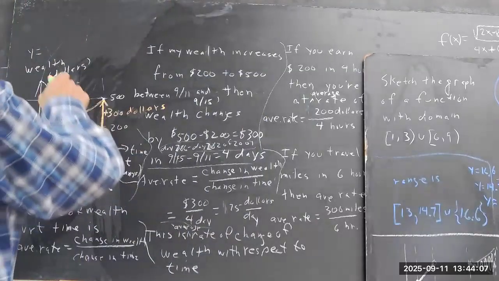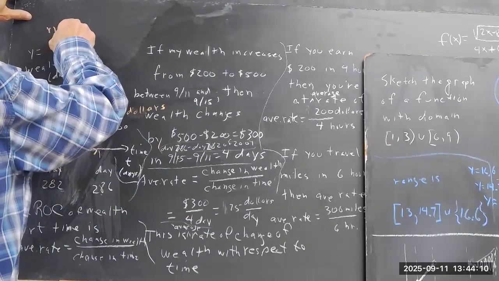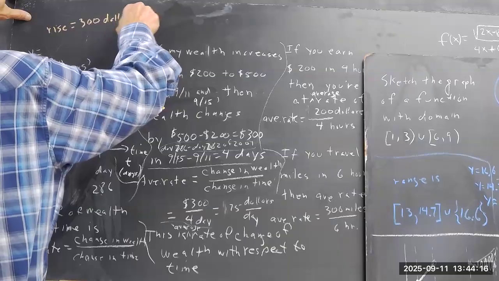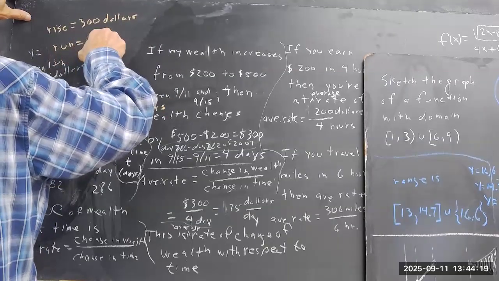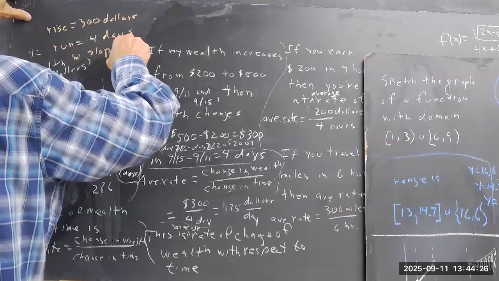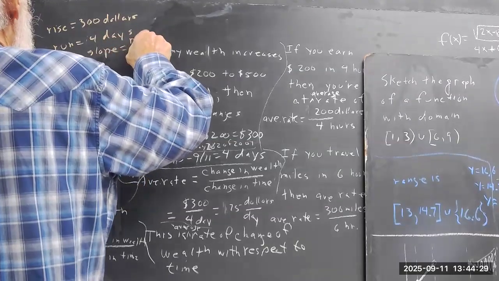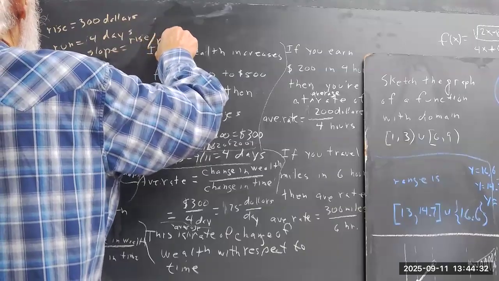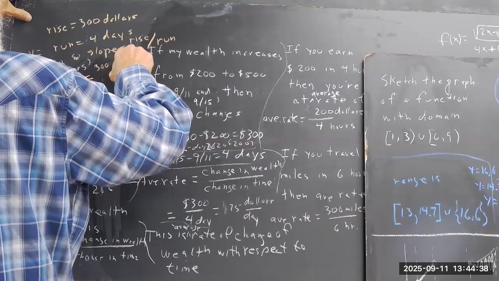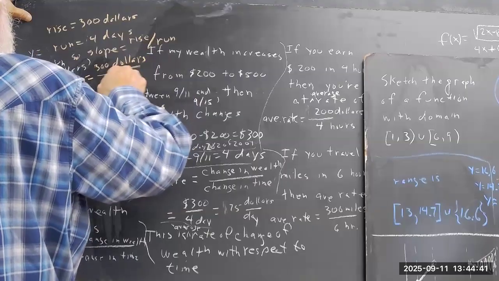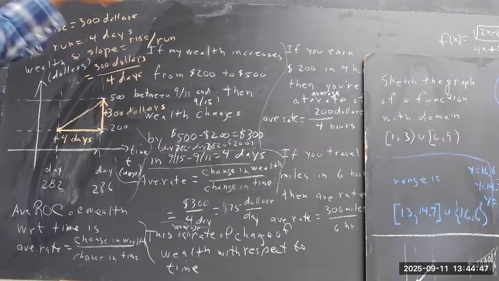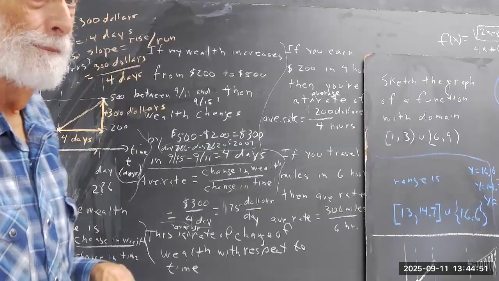Okay, so slope equals rise over run is $300 over 4 days.